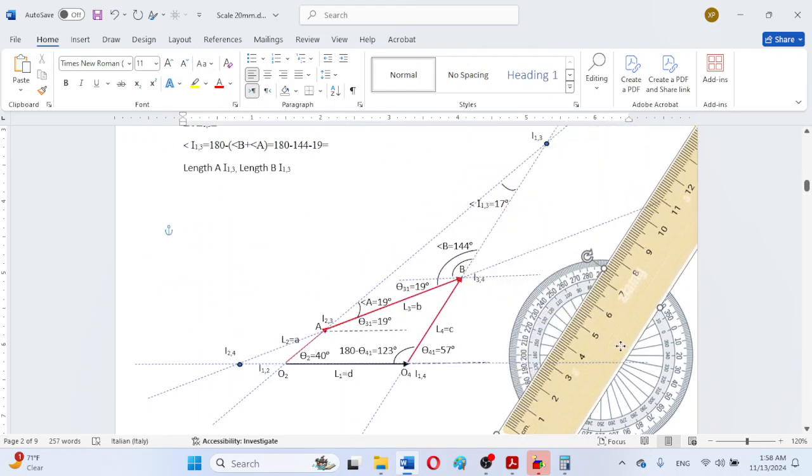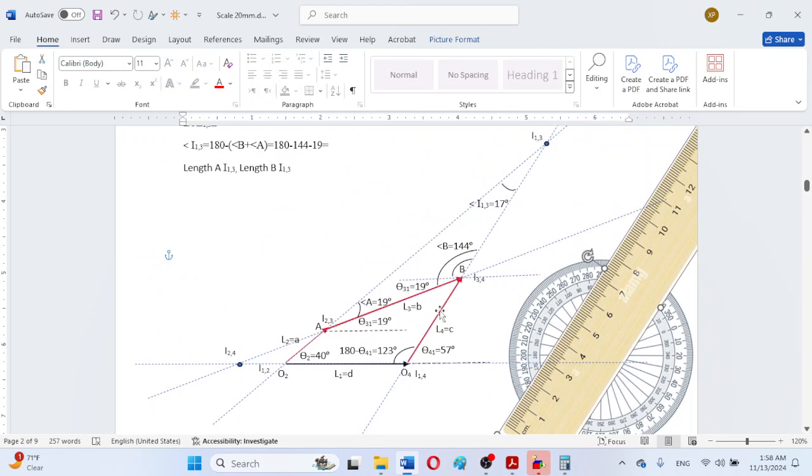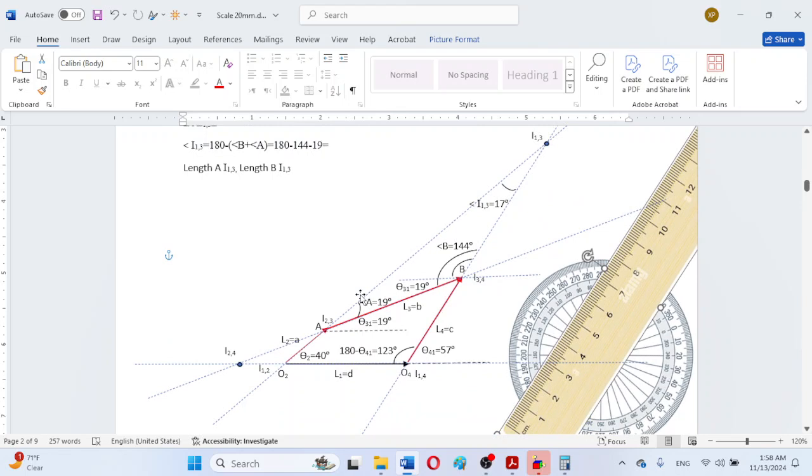And now I just move this scale out, and as we can observe, point A is actually in pure rotation, our link AB is in complete and pure rotation about I1,3. So that means the center of rotation is here.